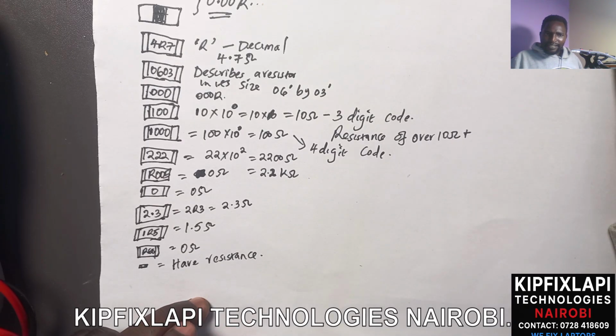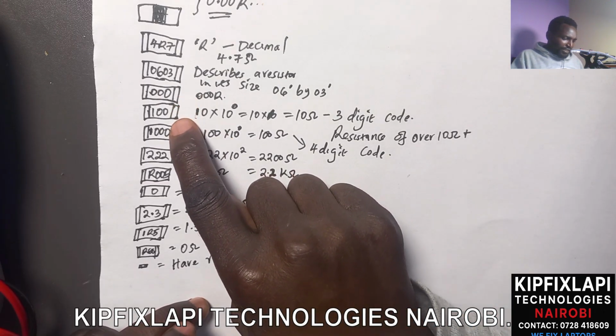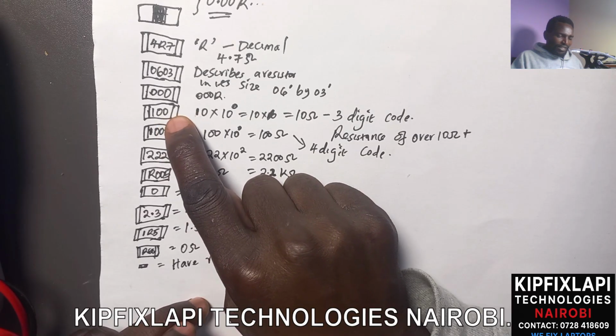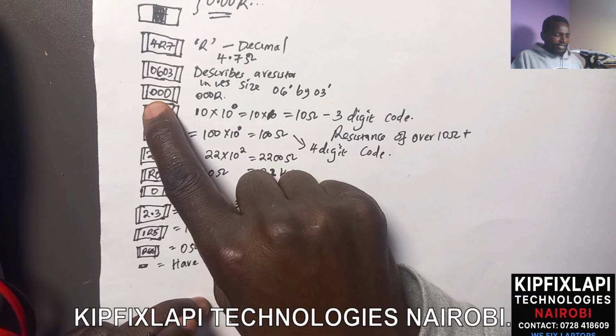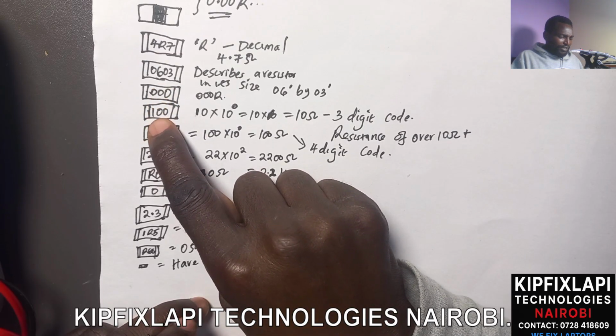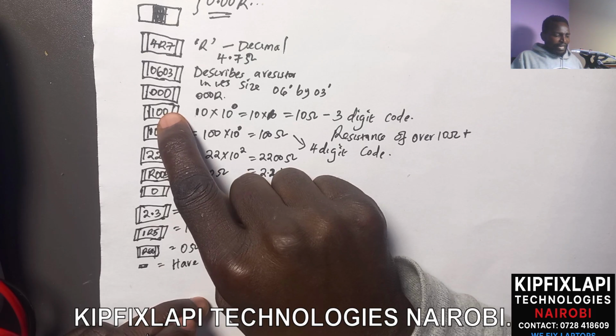Then, apart from the R system, we also have the three-digit code or three-digit system. For example, this one. The first two digits are significant, while the last one is the multiplier.